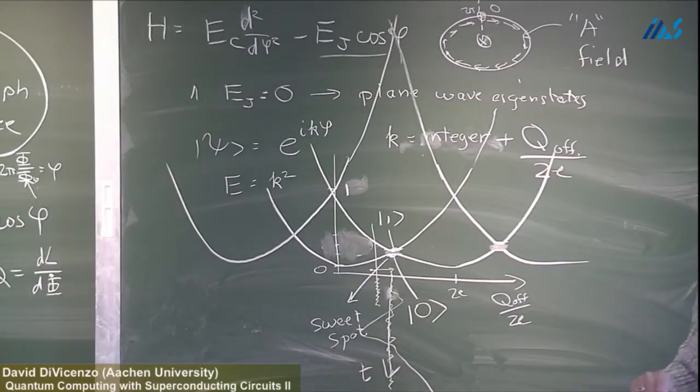Aren't there actually two parameters, for example, starting from the 1? Because there's one for +1, one for -1, and that's why the energy is quadratic in integer plus Q offset, or should it be absolute of k is integer plus offset? No, it should not be absolute.